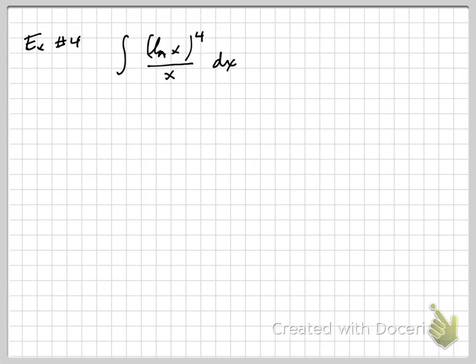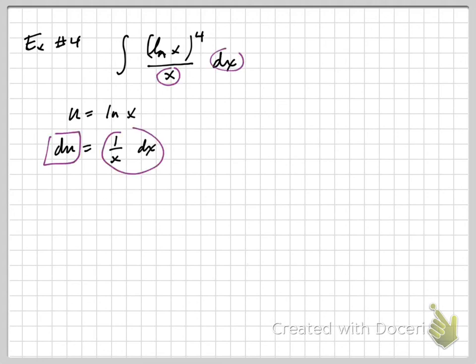All right, so we're going to let u be equal to the natural log of x. This is anticipate the derivative comment. Okay, so du is equal to 1 over x dx. And there's really nothing to do to this. You can circle the things that are going to get substituted for. This and this get substituted for by a du.